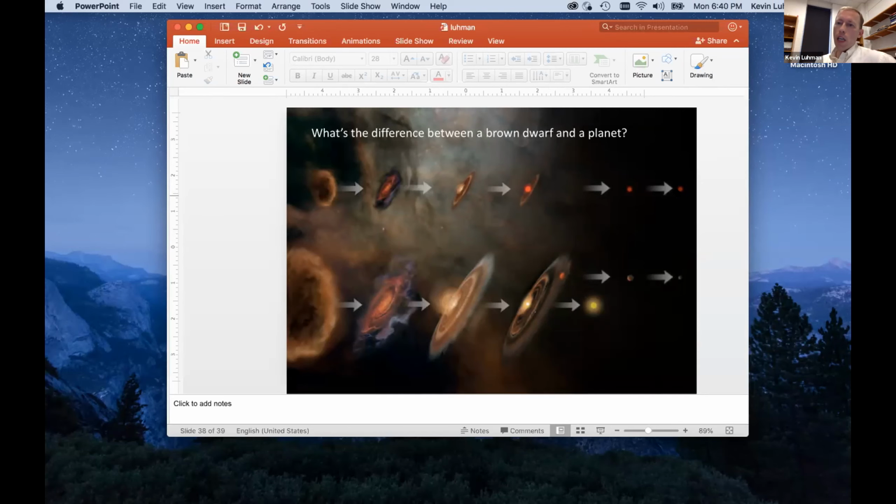Now, as far as how you distinguish between the two, how you can tell how it formed, that's often kind of tricky. The nice thing about the star-forming regions is that these regions are only a few million years old. So it seems unlikely there's been enough time for planets to form around stars and then get ejected for us to see them free-floating. So if you see a free-floating body in a star-forming region, it's probably formed like a star.